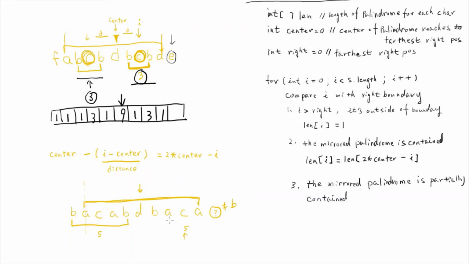So at C, the existing palindrome is from A to A. It is the part inside of the boundary. So the length is not 5, it's 3. So in scenario number 3, we're going to assign the length equal to the length of the palindrome inside of the boundary.